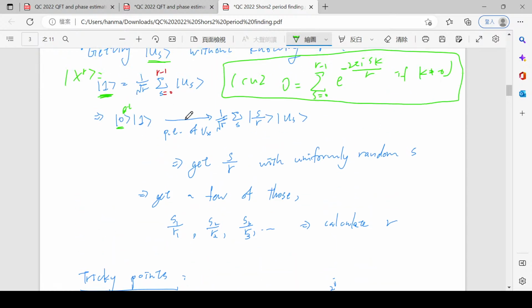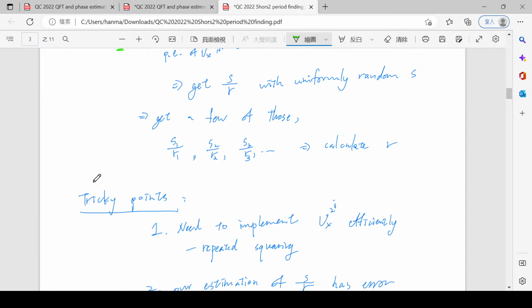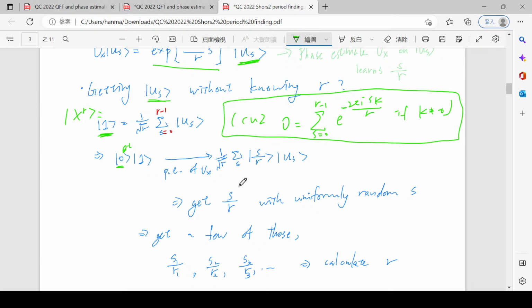If we repeat, we get s1 over r, s2 over r, and we are able to calculate r here. So that finishes the quantum part of Shor's algorithm.